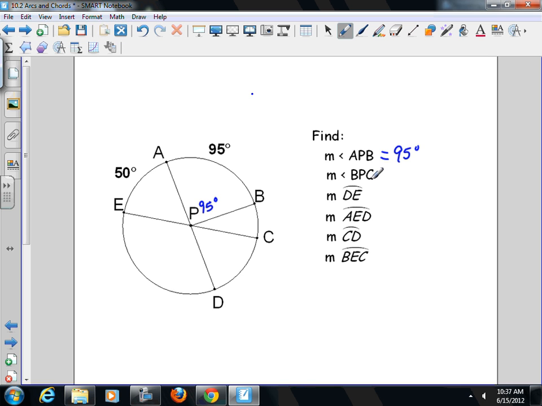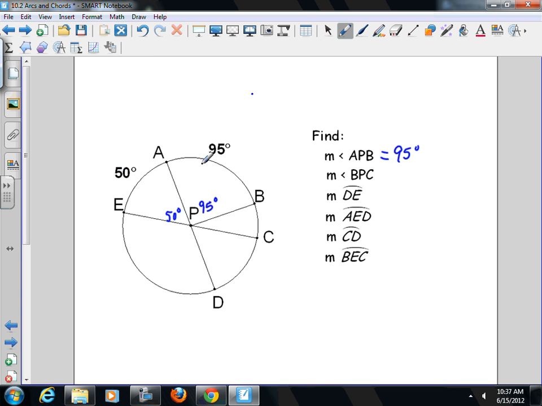Now, the measure of angle BPC, right here. Well, let's look at what else we know here first. First of all, we know that the measure of minor arc AE is 50 degrees, so we also know that the measure of the central angle APE is also 50.